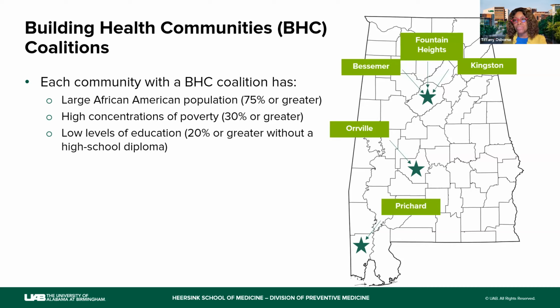What we found over the years was that we really needed to take a deeper dive and address the social determinants of health that these communities were facing before we could really get them to hear us talk about preventive measures as it pertained to chronic diseases.